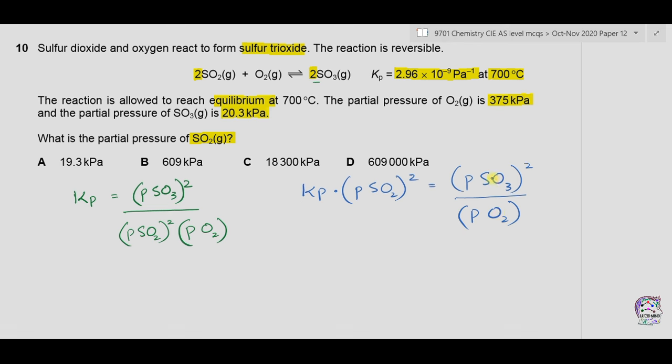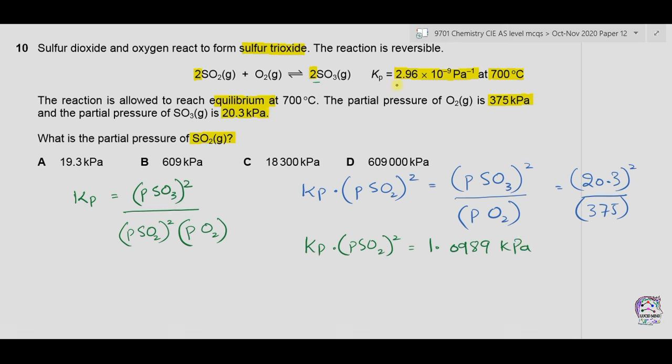Putting the values, the partial pressure of SO3 is 20.3 kilopascals, divided by the pressure of oxygen, which is 375 kilopascals. So the value is 1.0989 kilopascals.